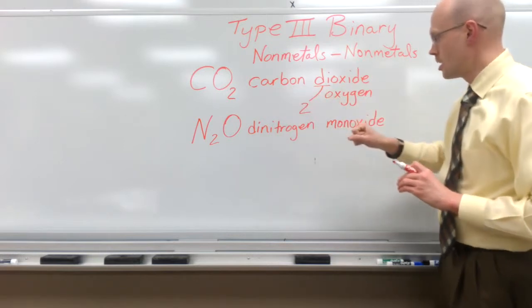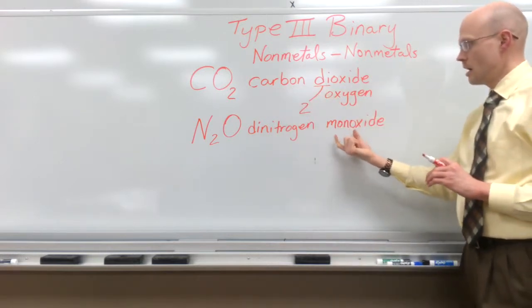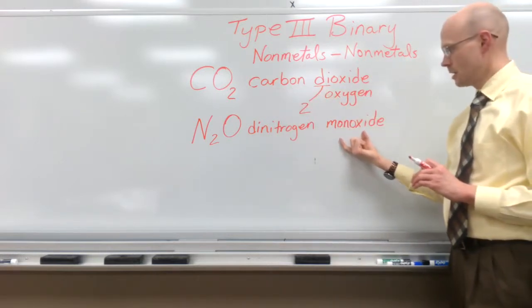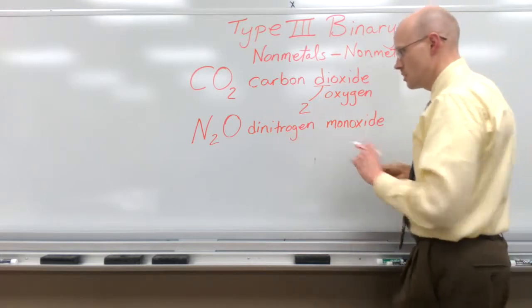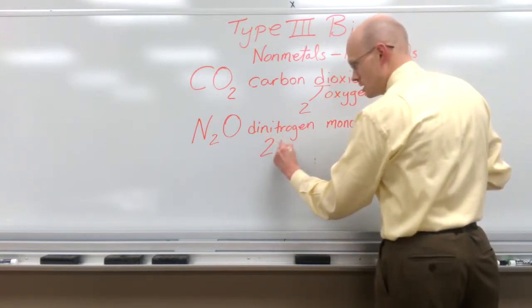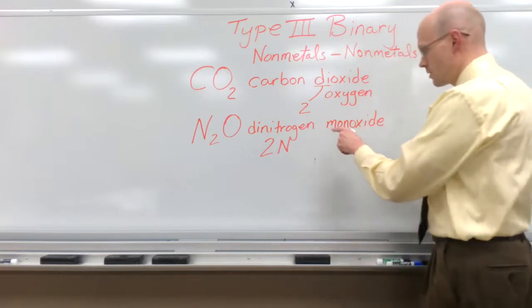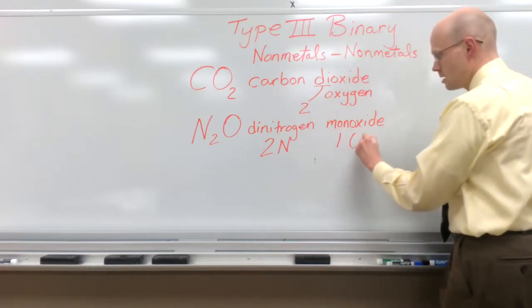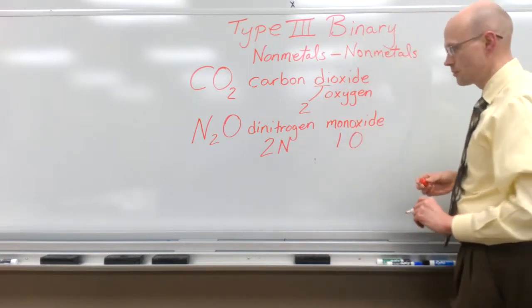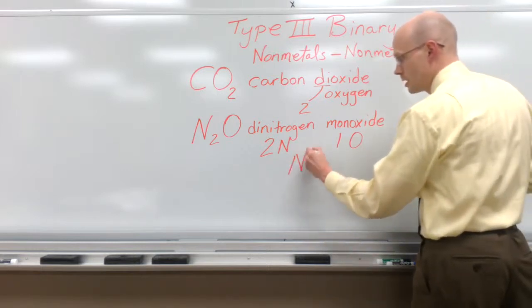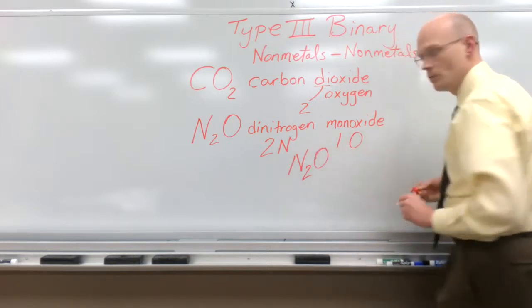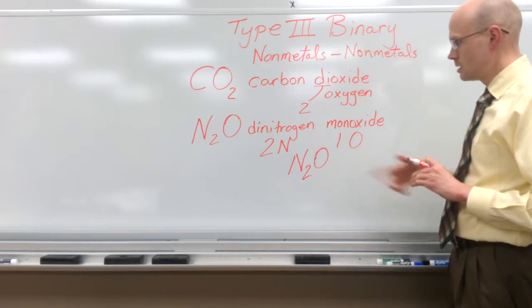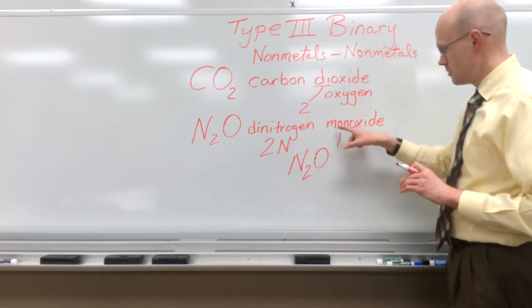For the first element, we don't use mono, but we use it in the second element. So we have dinitrogen, which tells us two nitrogens, with one oxide or one oxygen. So it lets us see the formula as N2O. Dinitrogen monoxide.